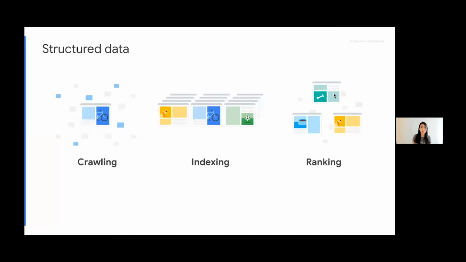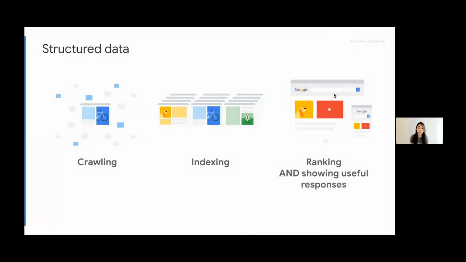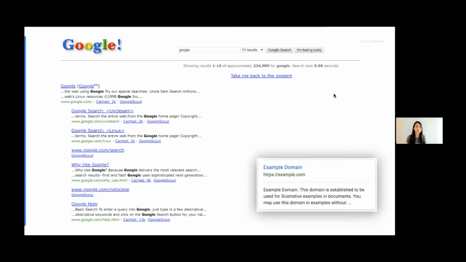Another part of your appearance in search result page has to do with structured data. Earlier, we said that there are 3 things: crawling, indexing, and ranking. Another thing that we do is also to show useful responses while doing ranking. When search started, the world was very different. Stationary desktop, limited number of searches, search results appear in plain 3 or 4 lines.